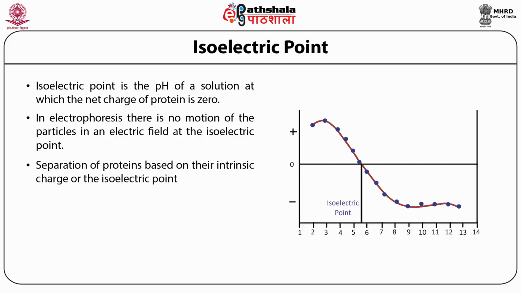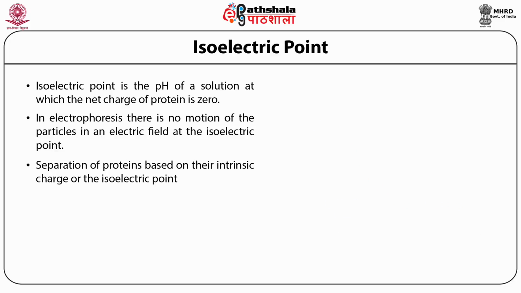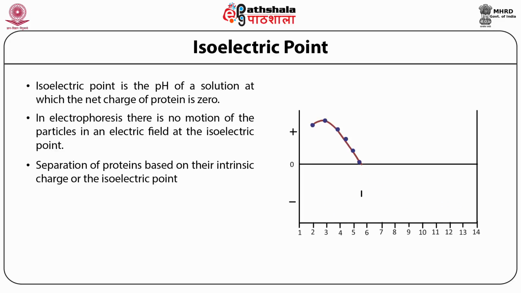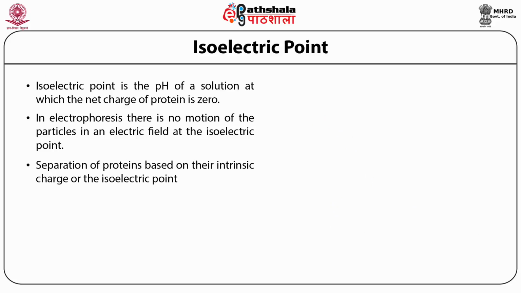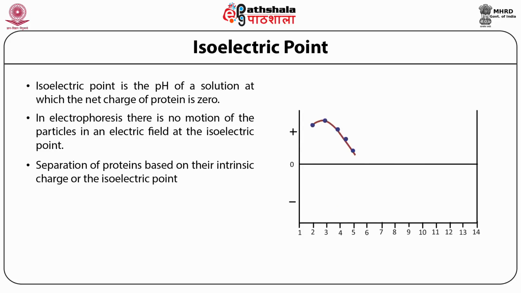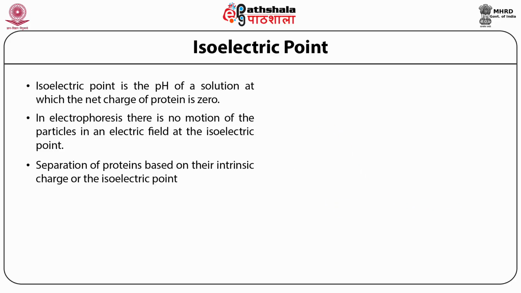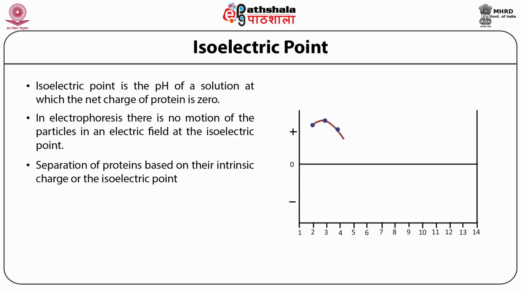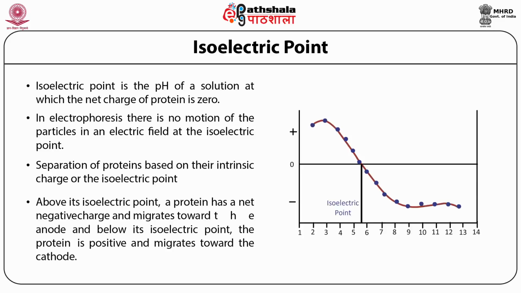So, in the first dimension, the proteins are subjected to electrophoresis on an IPG strip that gradually increases in pH from one end to the other. When a protein is in a region of this gradient, a certain amount of charge is bestowed on it. Above its isoelectric point, a protein will have a net negative charge and will therefore migrate towards the anode.